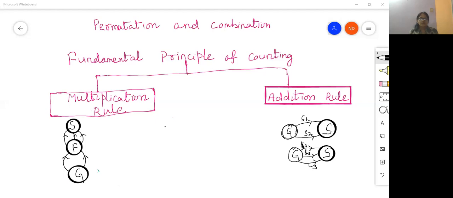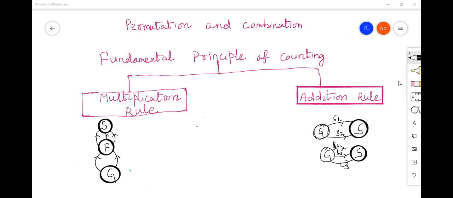So to begin with the topic, permutation and combination. Before that, I would like to take one example. Suppose in our school, you are in the ground floor and you want to go to the second floor, right?